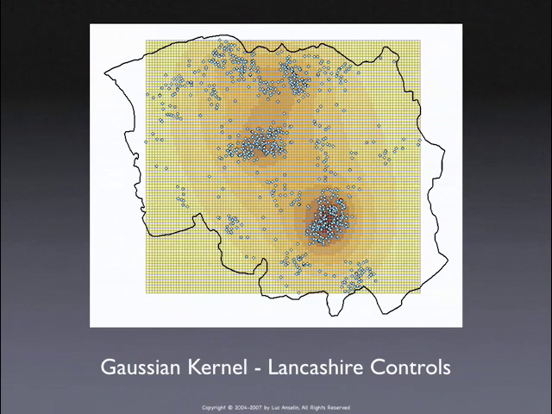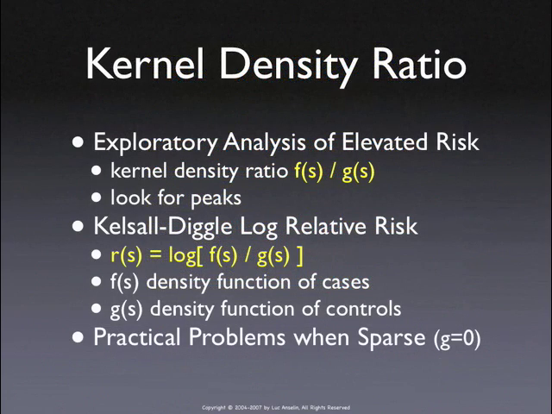Now what we're interested in is taking the ratio of the cases over the controls as a measure of relative risk. And this is called the kernel density ratio, and this is where I got in trouble because we're dividing at each of these reference points, at each location F, we're dividing the kernel value for F, for the cases, by the kernel value for the controls.